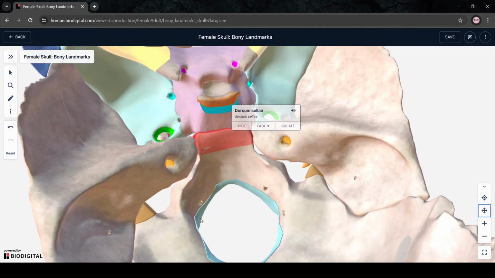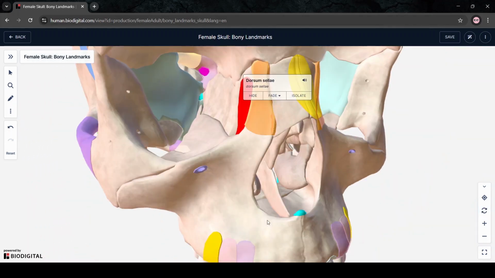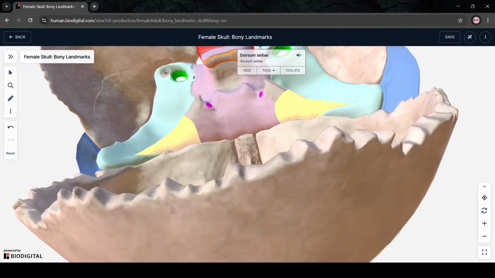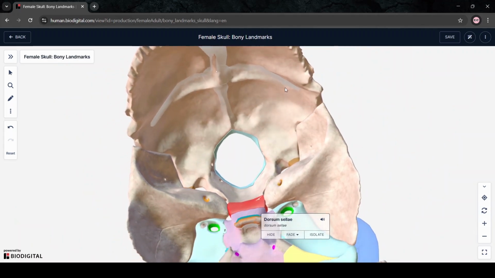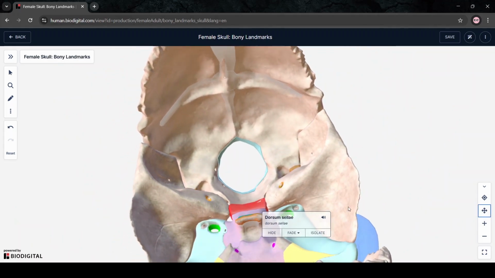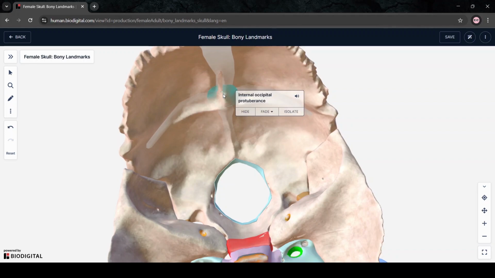Now, moving backwards away from the clivus, the dorsum sellae and the foramen magnum. 1 second, sorry. On the internal surface of the occipital bone, right here, see, this is not labeled. Is it labeled? It is labeled.